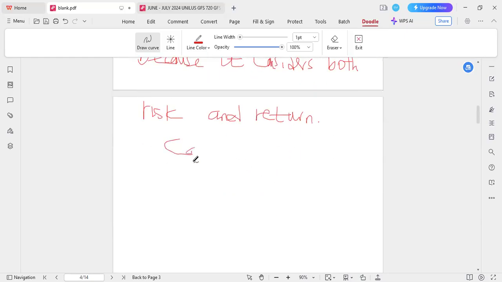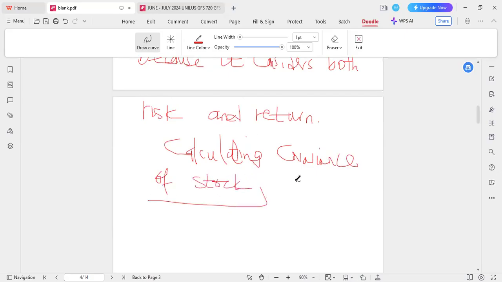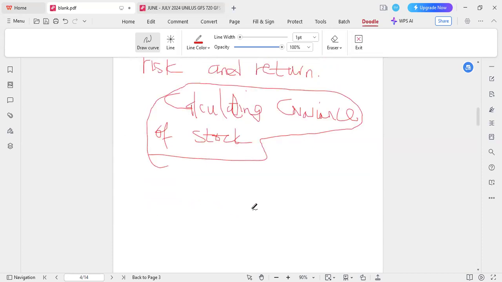Now, of course, we can get down to calculating covariance of stock. So the covariance exists between two stock returns.